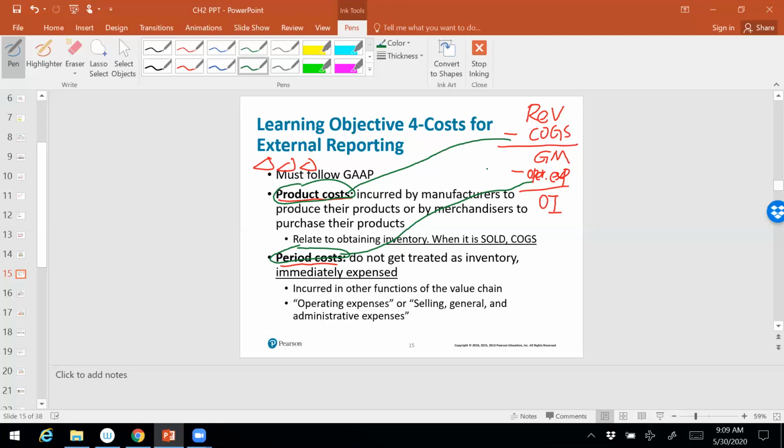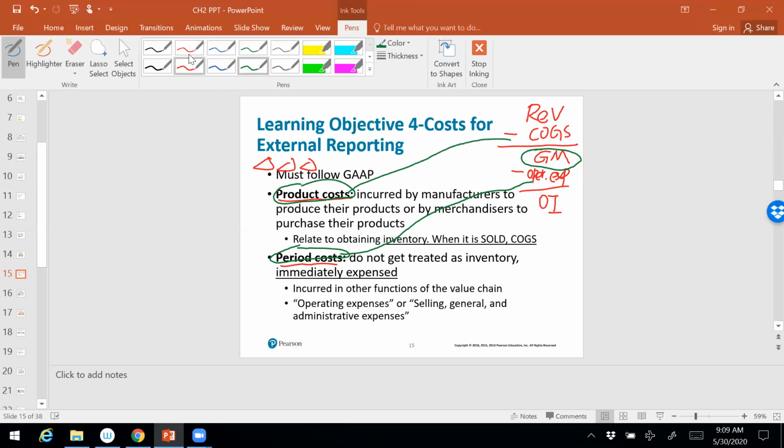But it matters to your gross margin, your gross profit, because your product cost will become cost of goods sold and affect your gross profit. Your period cost will not affect your gross margin. So it's important to separate those two parts.